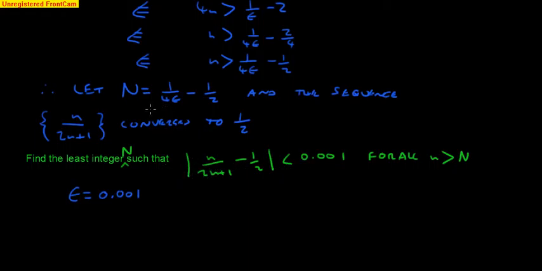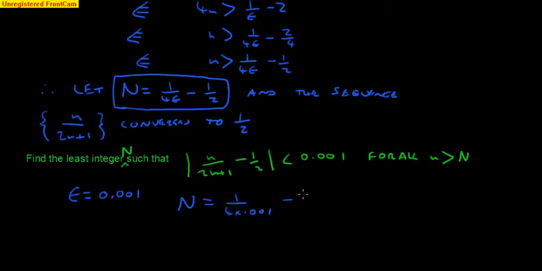Here we go. We've got it from doing the proof up here, and we just have to put our value for epsilon into this equation. So we're going to get our N is going to be 1 over 4 times 0.001 take away a half.